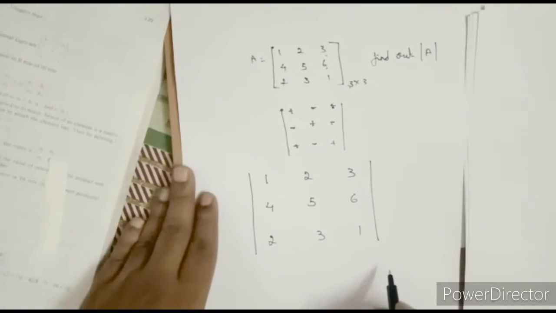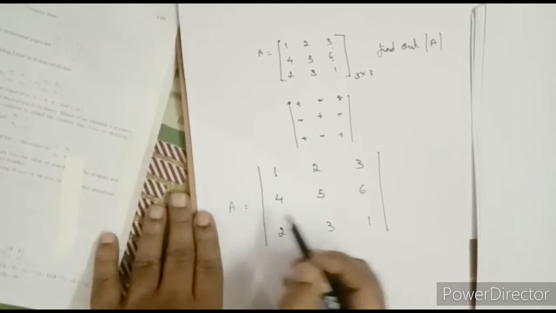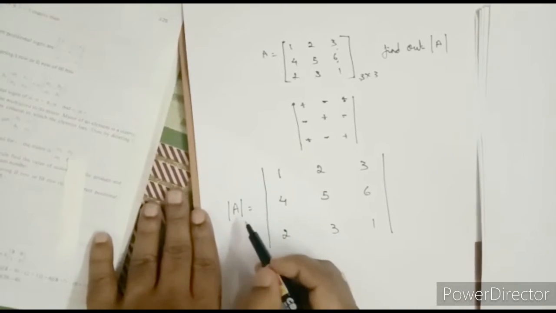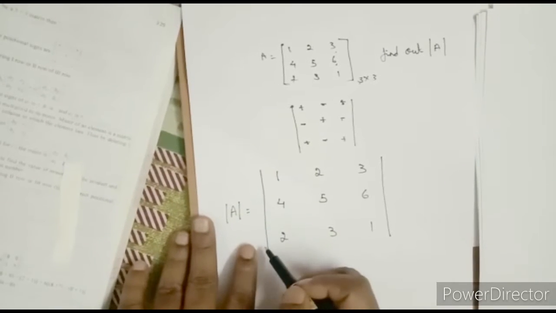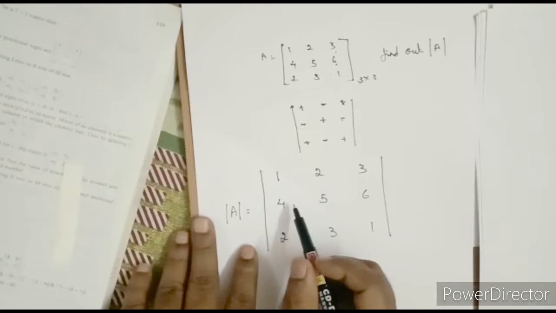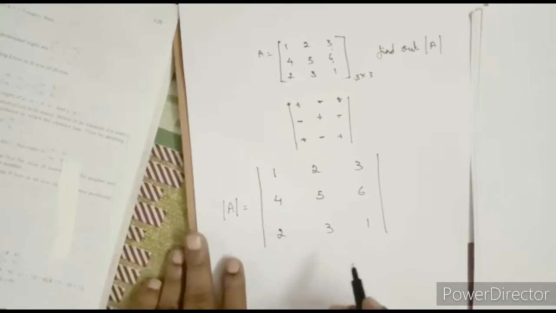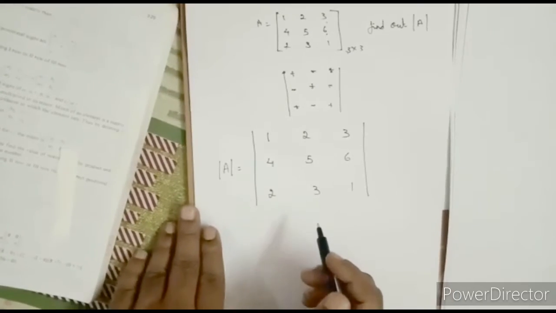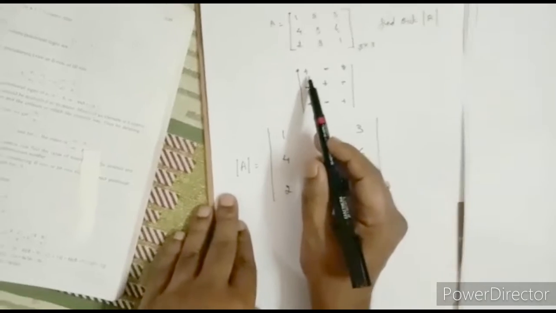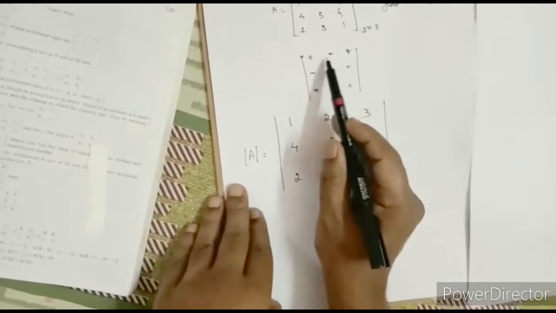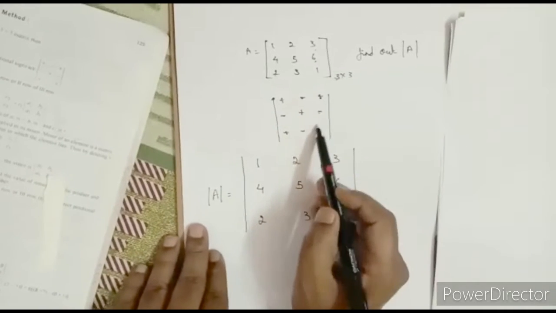So please observe this. I have taken the same problem. A equals, or determinant A. Using this, we need to find out det A. There are three rows and three columns. Now it's very simple to find out, but as I said, we need to remember these signs.